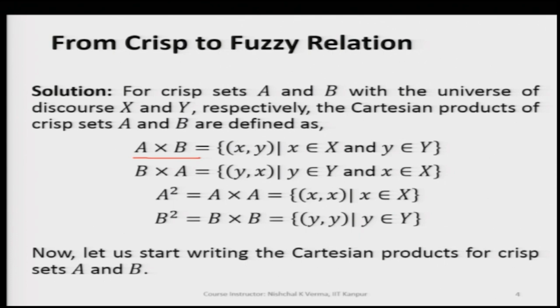We all know that in the Cartesian product of two crisp sets, we follow the order of the elements while making the pairs.